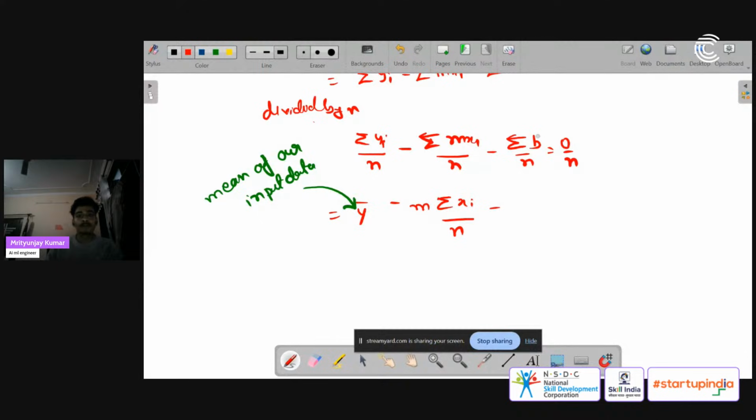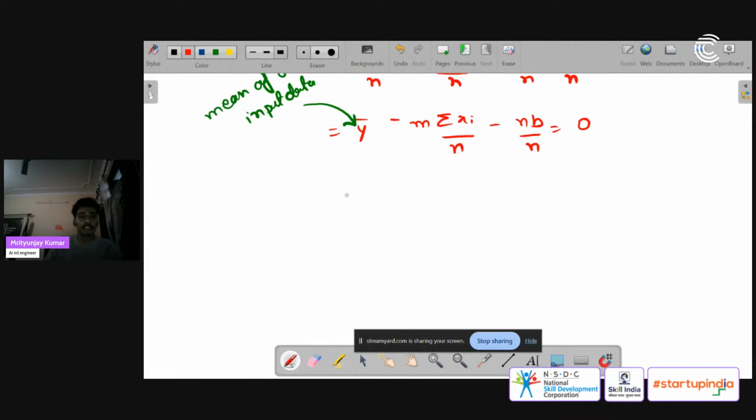Okay, b is also going to be there, right? We can add b multiple times, n times, so it will become nb by n, and currently it is also 0. So we can write this equation as y bar minus m times x mean minus, this n is canceled, minus b equal to 0.